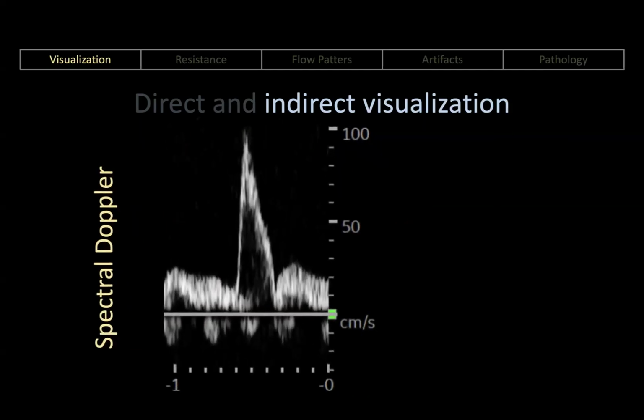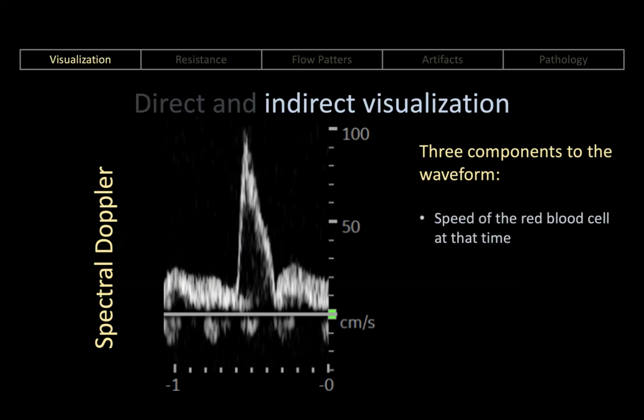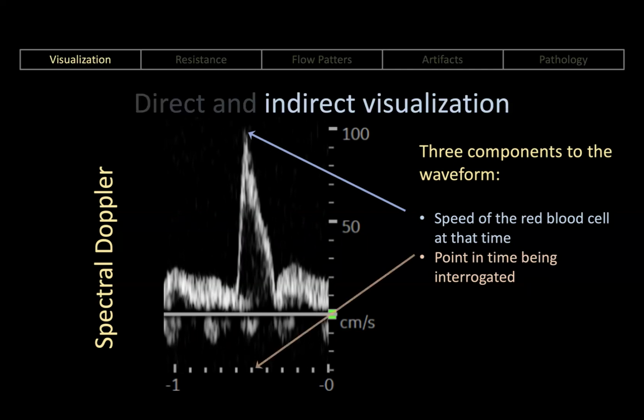So what are the component parts of a spectral Doppler tracing? Well, there's three components to a spectral waveform. Two of them can be seen on the axes. On the y-axis, we have the speed at which a red blood cell is traveling at a particular time. On the x-axis, we have the point in time being interrogated. Usually that scale is made in seconds, and each one of those little hashtags is 0.1 seconds.